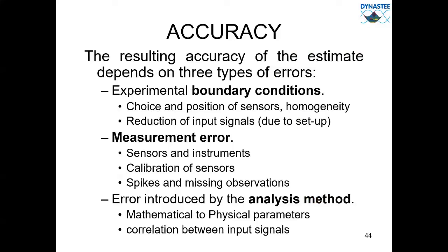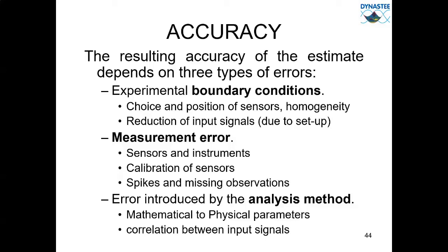The reduction of input signals, well, that is up to you. It depends on the setup, how many sensors are placed and where they are placed. There is also, of course, the accuracy depending on the measurement error, the sensors, instruments. Maybe we can go back to the calibration of sensors, missing observations.